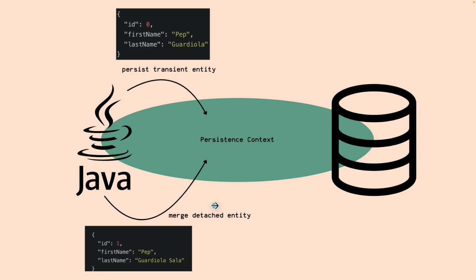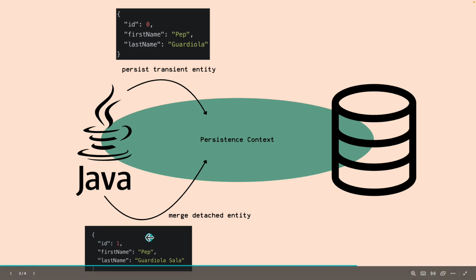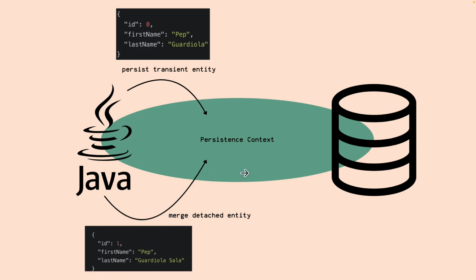So we use the merge method to write a detached entity into the persistence context. So for example, what would happen if we now pass an object that has the ID 1 and we changed some values in this object and we know that this object already exists?